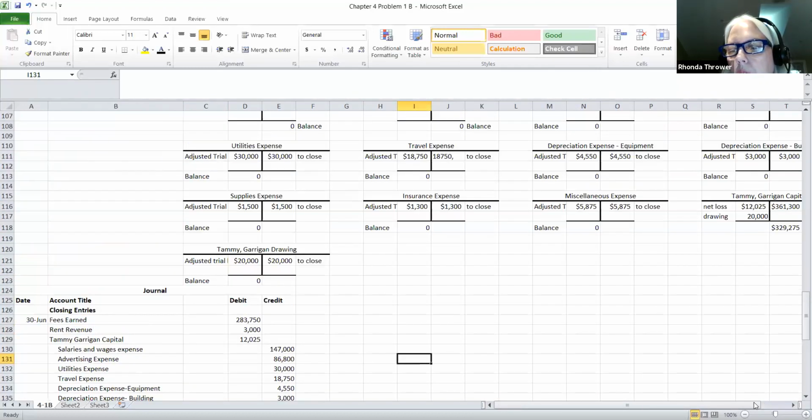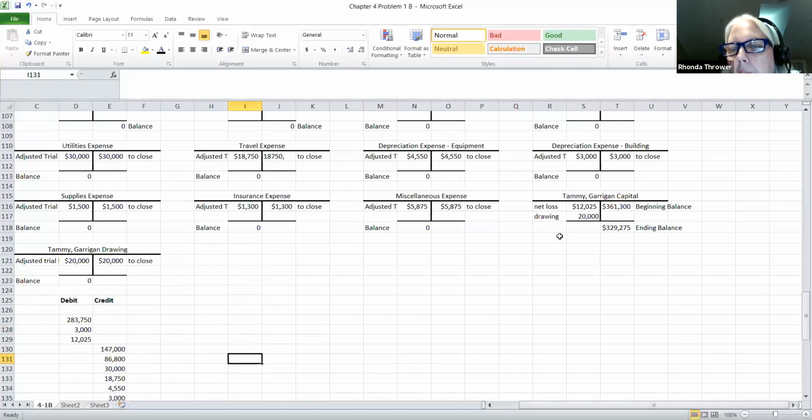Notice again, I'm going to emphasize again to you, capital is not a temporary account, it's a permanent account. It should have an ending balance when you're through. The temporary accounts should have zero balances. You see all those zeros up there? So the ending balance for capital, because it's permanent, is this amount.